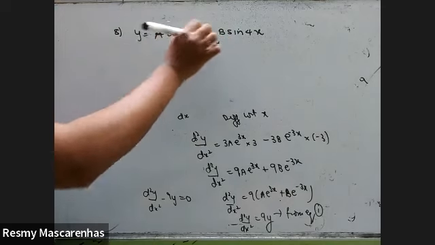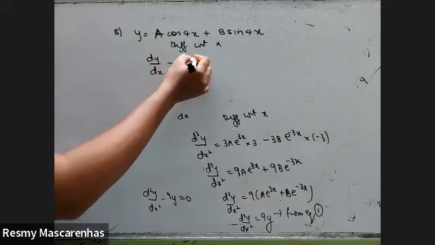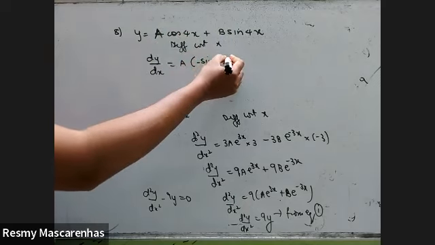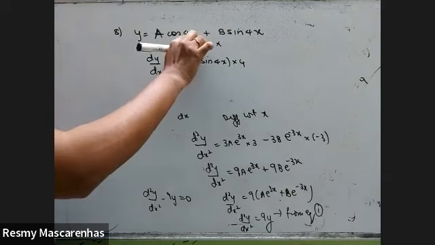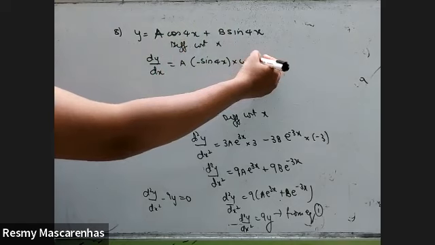Again, two arbitrary constants, so we can differentiate only two times. The derivative of cos x is minus sin x into extra 4, because the coefficient of x is 4.